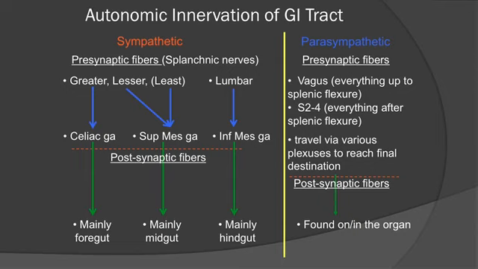Everything after the splenic flexure, or the hindgut structures, are all going to be supplied by parasympathetic fibers that are coming off of nerve roots S2 to S4. So those parasympathetic fibers are going to then connect to postsynaptic parasympathetic fibers, which are actually found on the organ itself. So it's a very short postsynaptic fiber, and then it has its action.